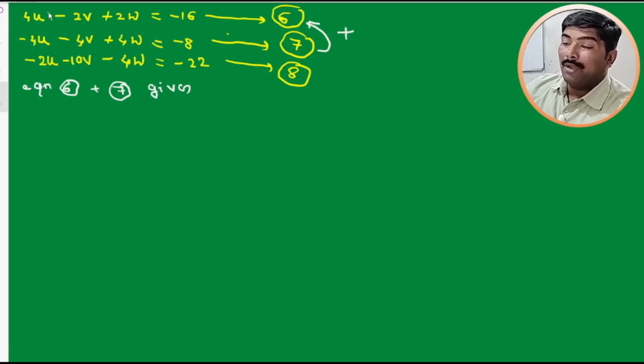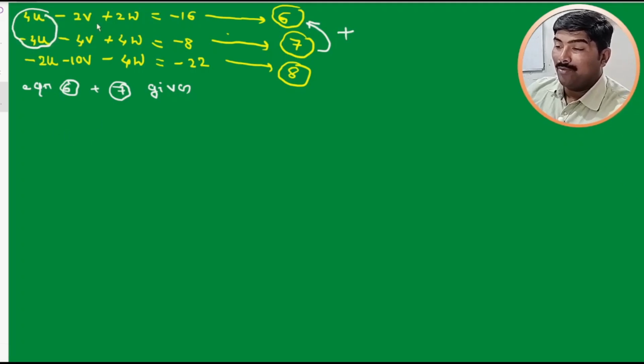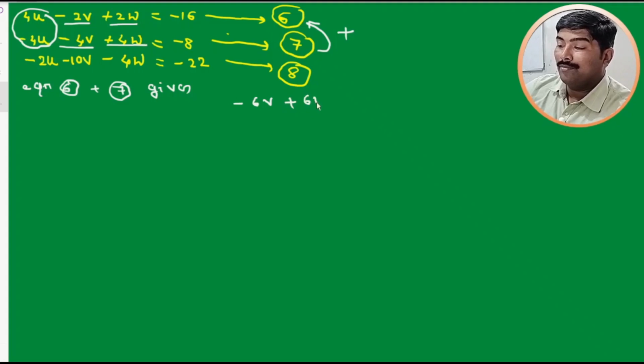Here plus 4u and minus 4u cancel, so you will get 0. Then minus 2v and minus 4v is minus 6v. Then plus 2w plus 4w, you will get plus 6w, and minus 16 and minus 8 gives minus 24.